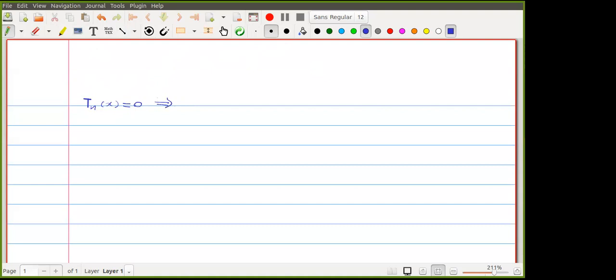So this is equivalent to cosine n theta equal to 0. So in order for us to successfully perform this, we are going to draw what I call the trigonometric circle.